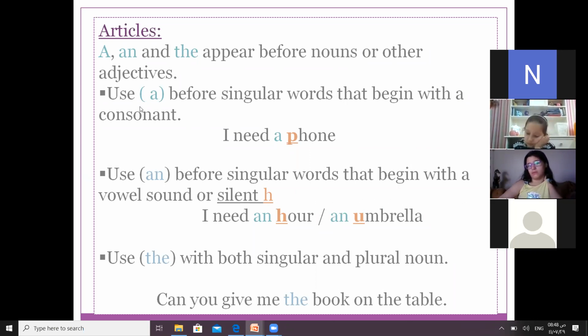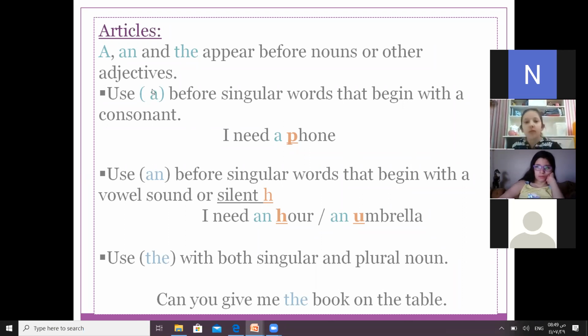Now, we use a before singular words, always, girls. A and an, we use before singular nouns. So use a before singular nouns that begin with a consonant.